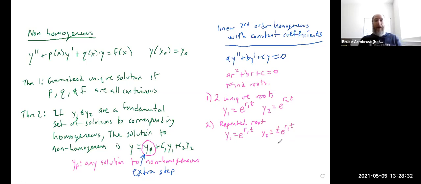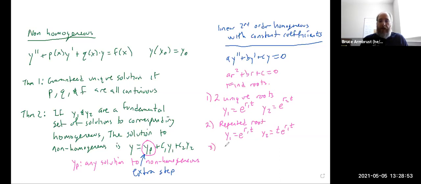So we just multiply it by t. When we did the very first example, just kind of trial by fire, we ran into that, but then we did it last time generically, and we saw that it has to be that we multiply by t, right? That guarantees that they're linearly independent and it still is a solution.